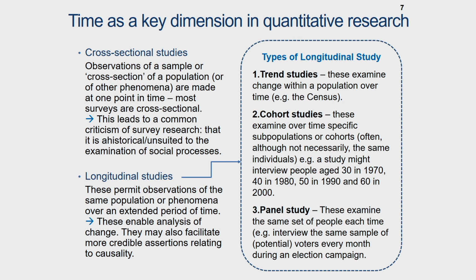Some of the limitations of survey data that make use of cross section data come from the fact that it is pointed out that social processes, social phenomena, are not best explained with the help of cross section data. So, these limitations are pointed out, as a result of which most evaluation studies make use of cross section data quite often. This leads to a common criticism of survey research, that it is ahistorical and unsuited to the examination of social processes.